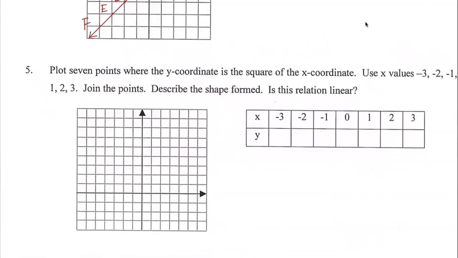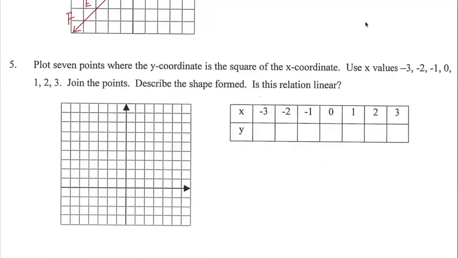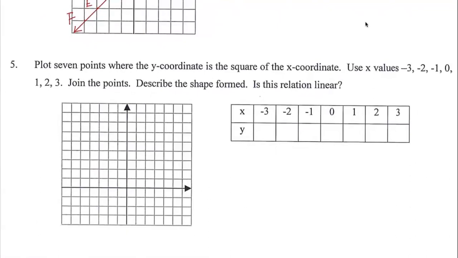Number 5, plot 7 points where the y-coordinate is the square of the x-coordinate. Use x values -3, -2, -1, 0, 1, 2, 3. Join the points. Describe the shape formed. Is this relation linear? Okay, so question 5.